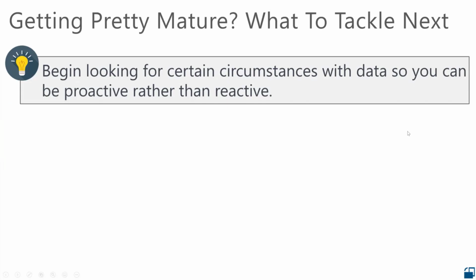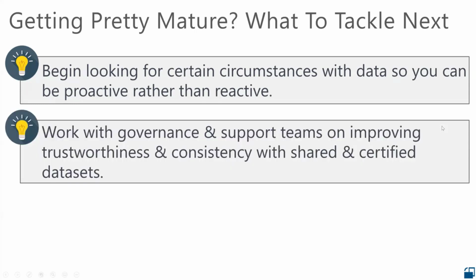All right, so let's say you're pretty mature. You're feeling pretty good about yourself. Well, what might you tackle next? First, let's start looking for circumstances where you can take action early rather than be reactive. Start thinking about, can we help our user population improve things like data trustworthiness, consistency and data certification?